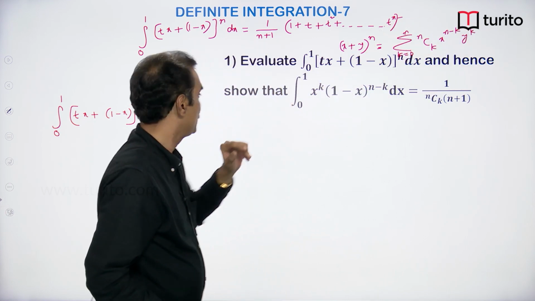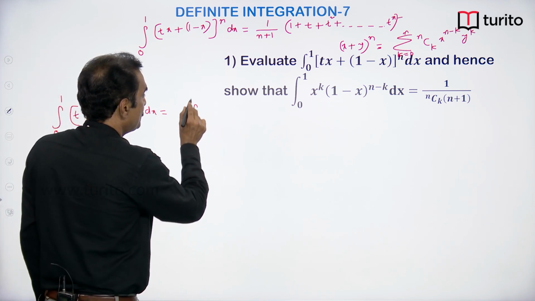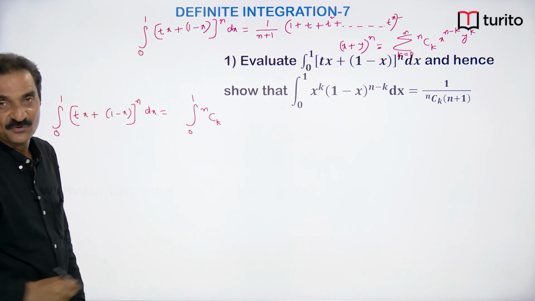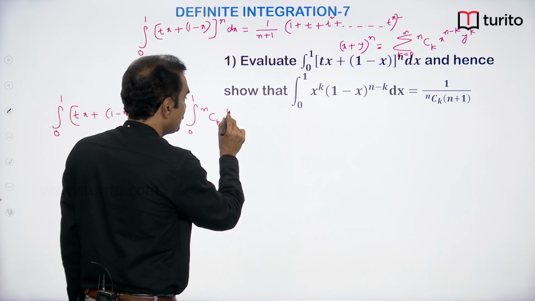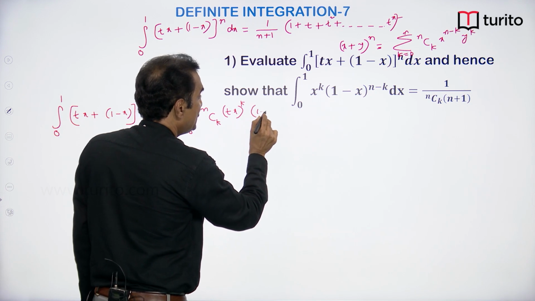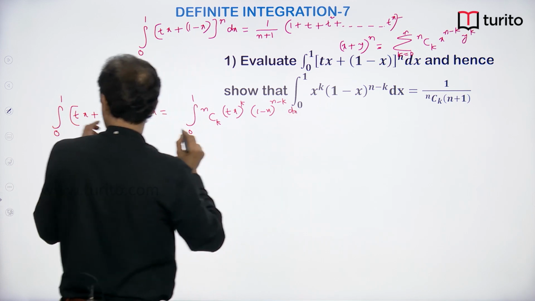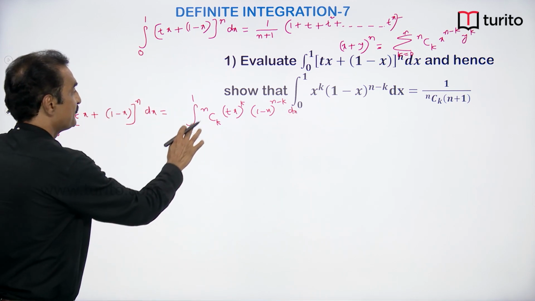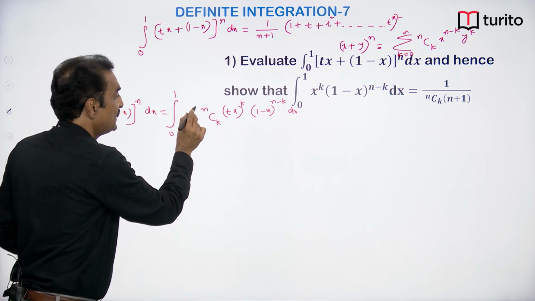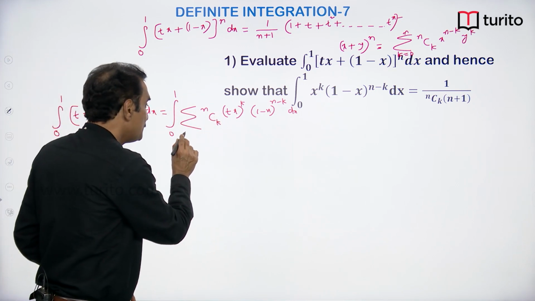Both are correct. So I will write this as the integral from 0 to 1 of nCk into (tx) whole power k into (1 - x) whole power n minus k dx, but sigma should be there. The integral from 0 to 1 of sigma of this expansion, k varies from 0 to n.